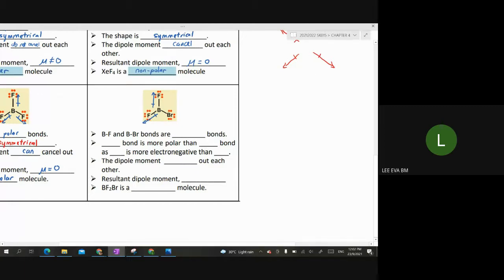What should we write? Shorter. What shorter? Why shorter? Because fluorine is more electronegative. Bromine is less electronegative. So the BBr bond will be less polar. So let's fill in the blank. Both of it is polar, but the BF bond is more polar than the BBr bond due to fluorine being more electronegative than bromine.